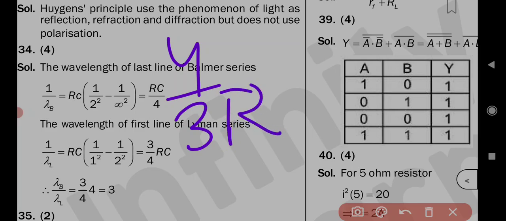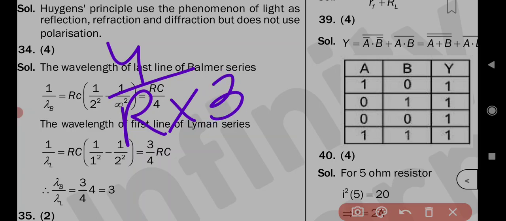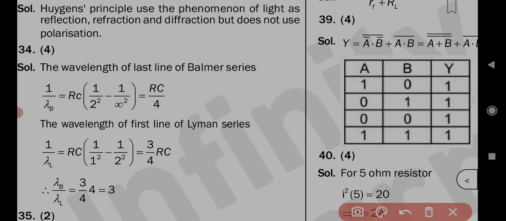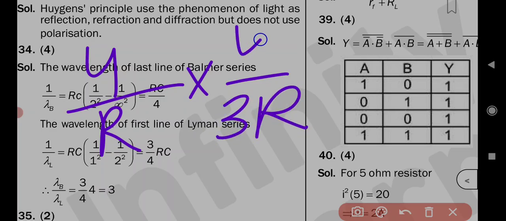They are asking for the ratio. First we got 4 by r, for the Balmer series. Second we got 3r by 4.